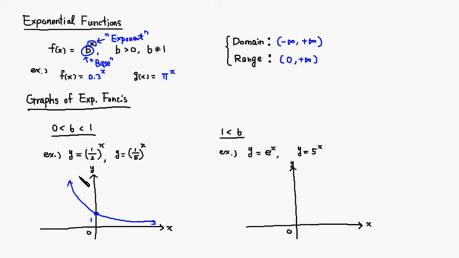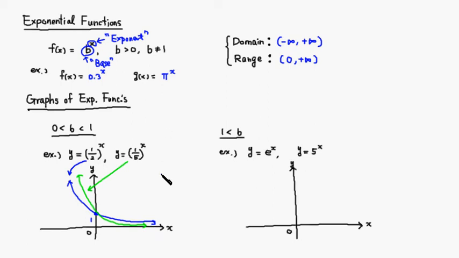Here's a ballpark picture: it decreases much faster, something like that. This is the graph of 1/5 to the x, and compared to that, this is the graph of 1/2 to the x. So if you have a smaller base, it's going to decrease faster.